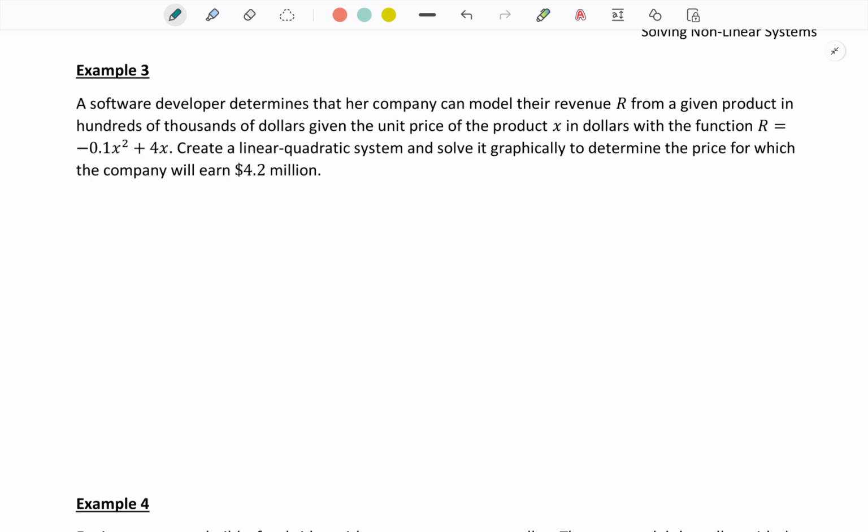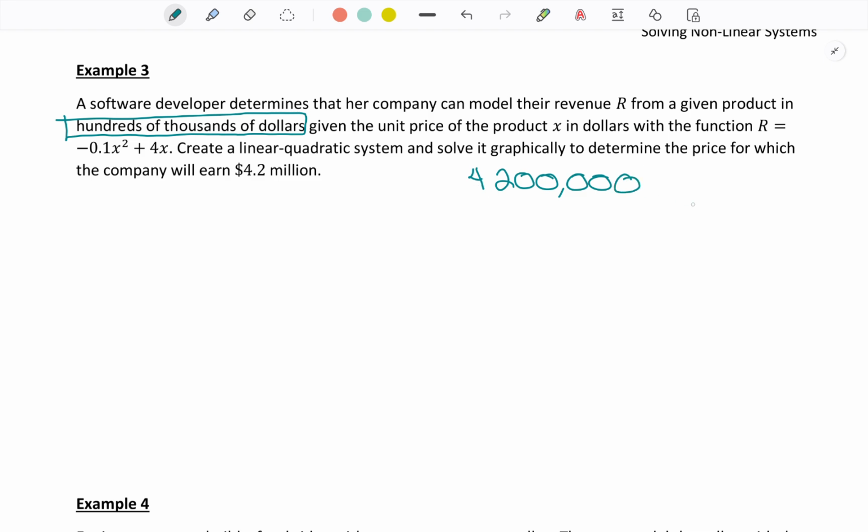Okay, so the kicker here is that this is in hundreds of thousands of dollars. So 4.2 million, actually we need to figure out how many hundreds of thousands we have. Okay, so 4.2 million, if we actually write it out, is 4,200,000.